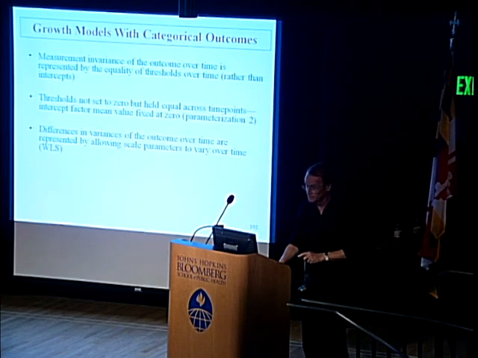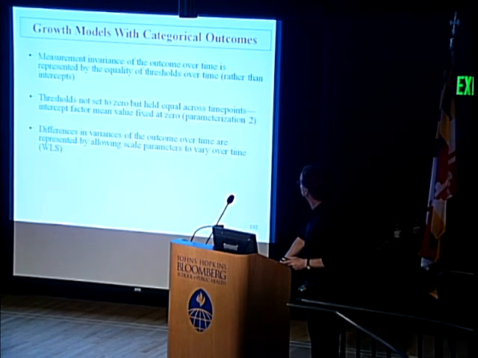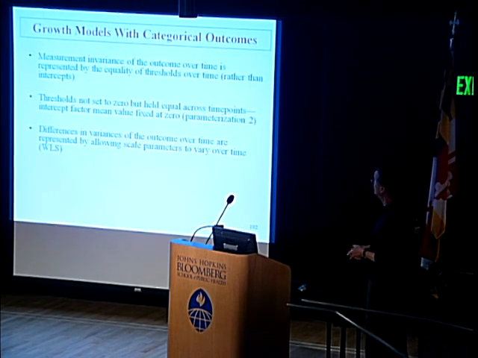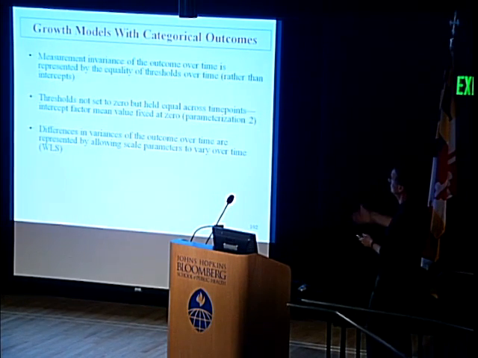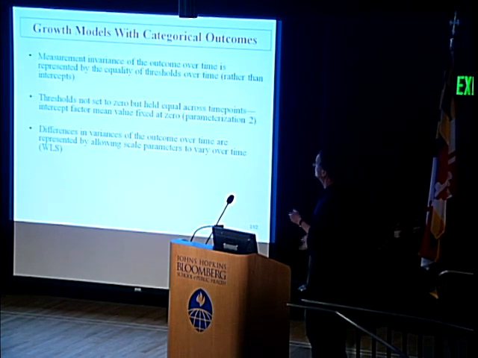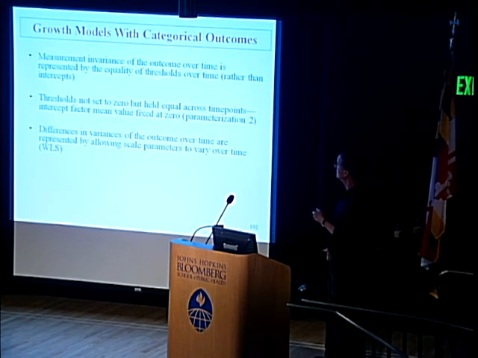So we talked about 2 parameterizations here, and we get to parameterization 2 in this case, where instead of intercepts, as we've talked about so far, we're going to talk about thresholds. That's the counterpart for intercepts when the outcome is categorical.